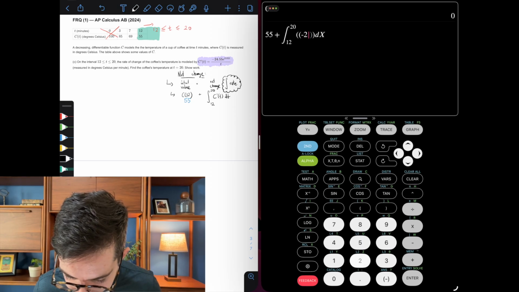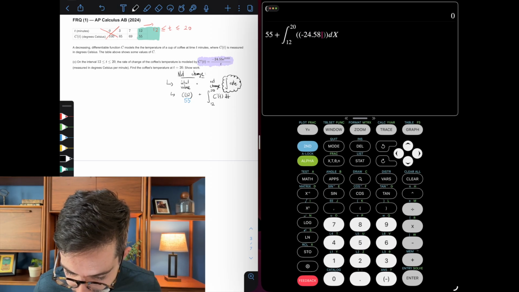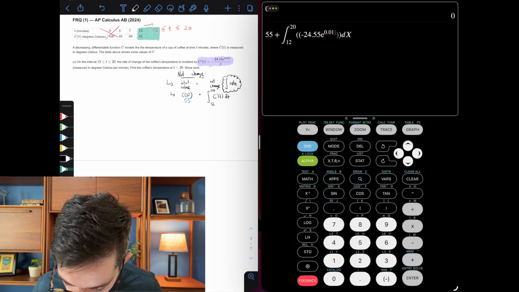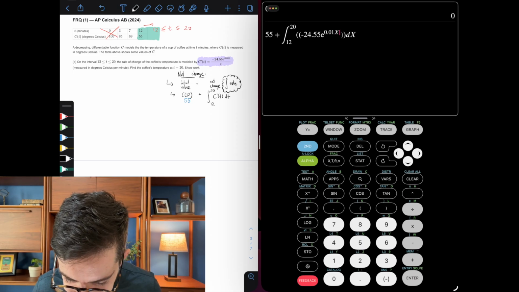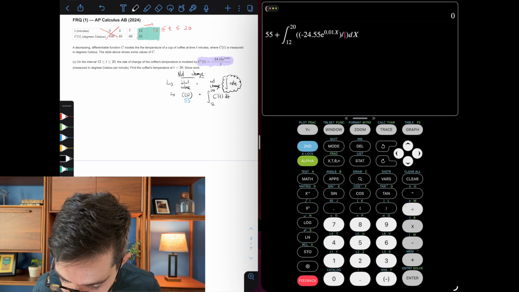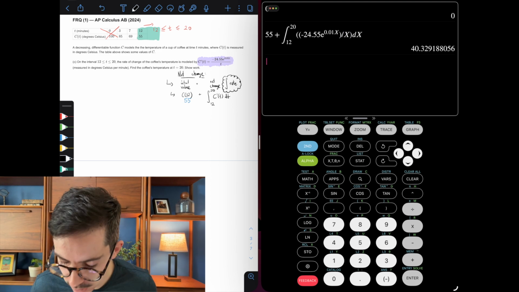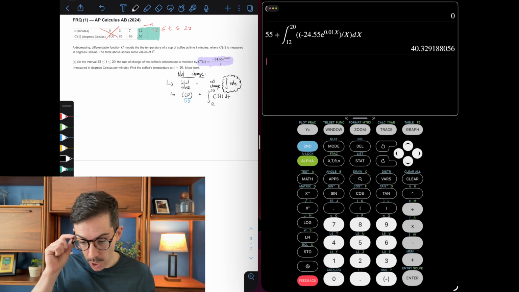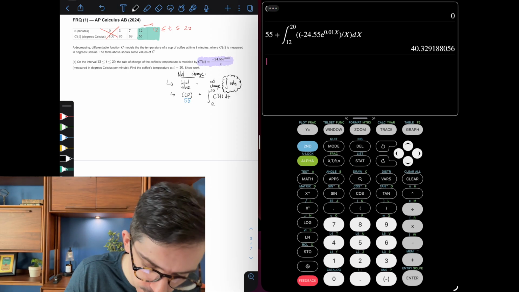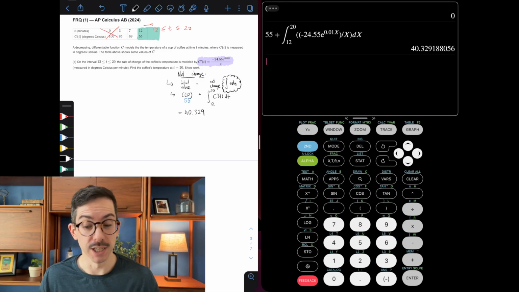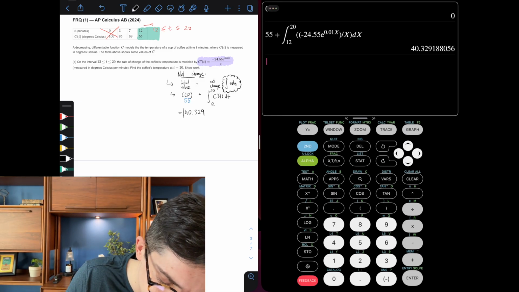So it is negative 24.55, whoops, 0.55 times e to the power of 0.01 times the variable, and then I am dividing that by the variable. They use t, I'm using x here. Okay, so I hit enter and what I get is 40.329 if I round to 3 decimal places, which is acceptable.